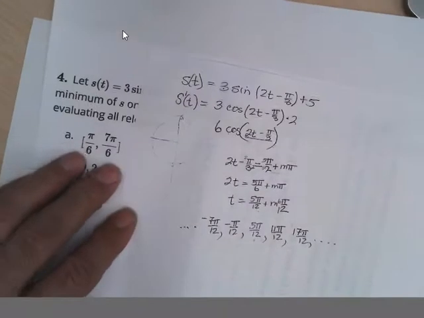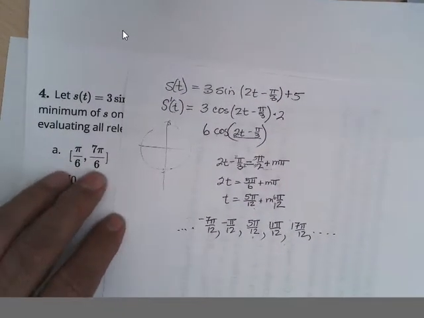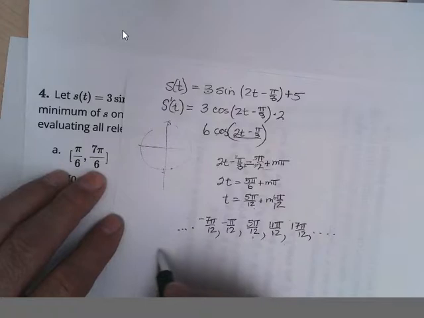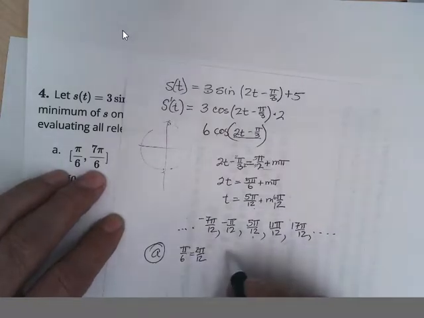So part A says look at this interval from pi over 6 to 7 pi over 6. Pi over 6 is the same as 2 pi over 12, and 7 pi over 6 is 14 pi over 12.